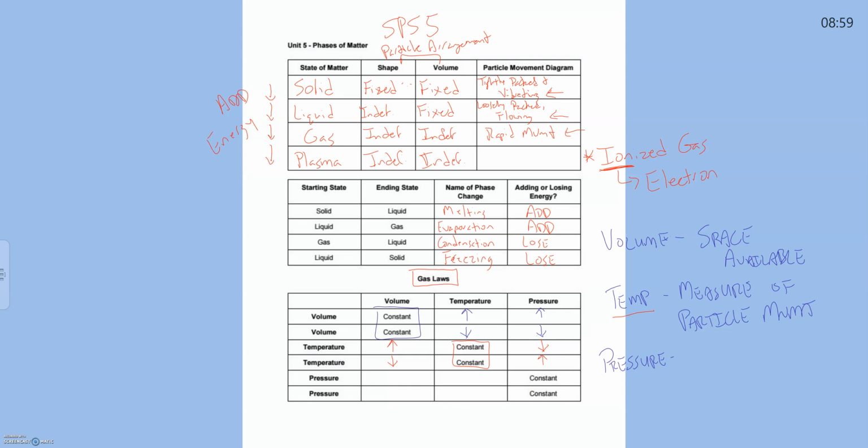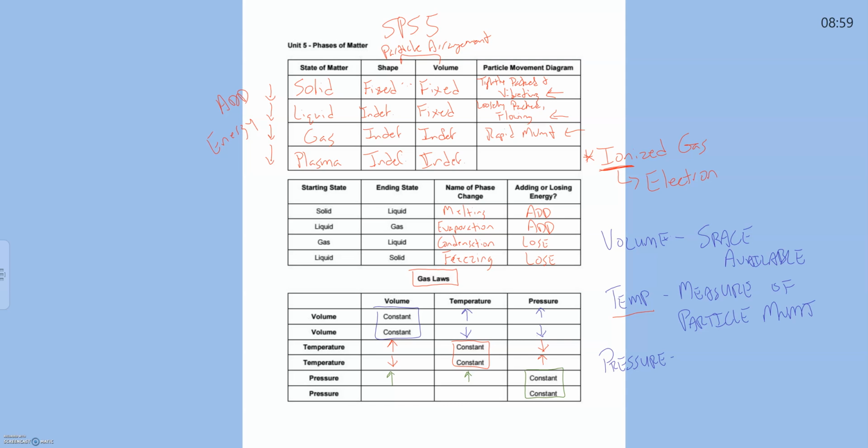And then our third and final constant is pressure. When we have pressure as a constant, that means that stuff has to bounce off a wall at a certain rate. So if we increase the volume, you're going to have to move faster.